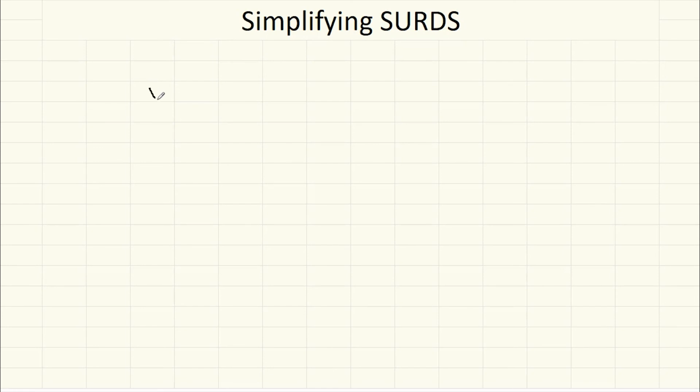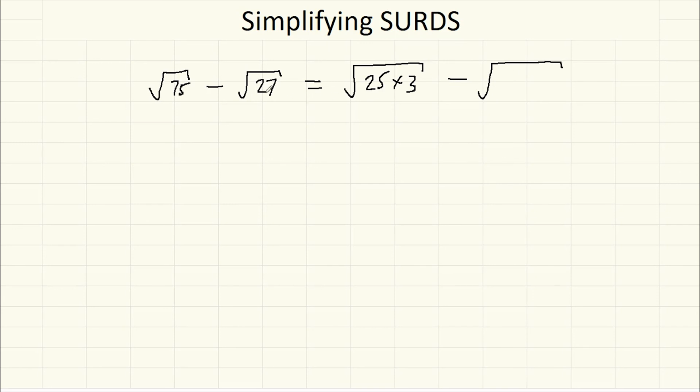Okay, let's try this one. Root 75 minus root 27. Okay, this equals the root of, how can we break 75 down? Remember, one of them's got to be a perfect square. Well, I think that is 25 times 3 minus, we've now got to break 27 down so that one of them's a perfect square.